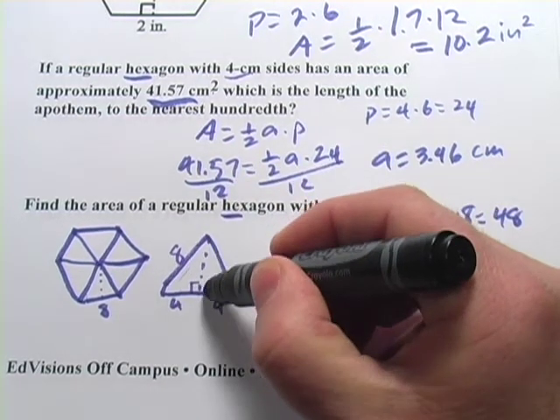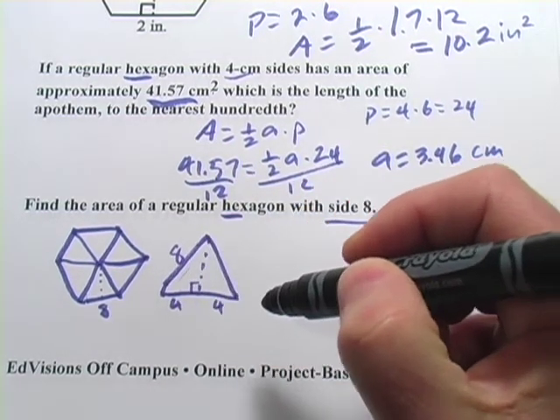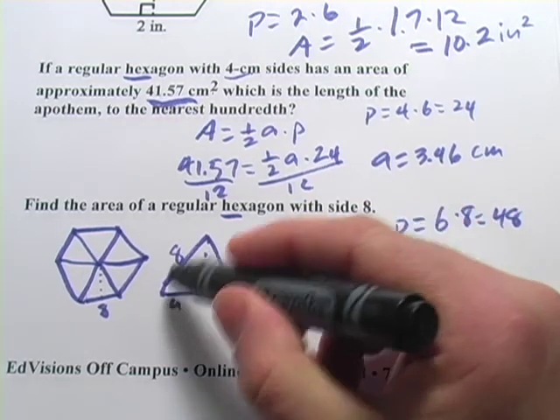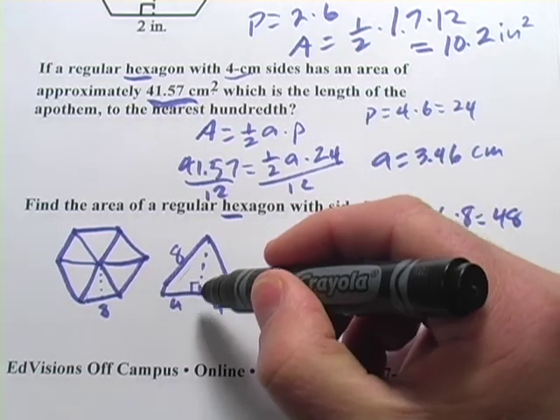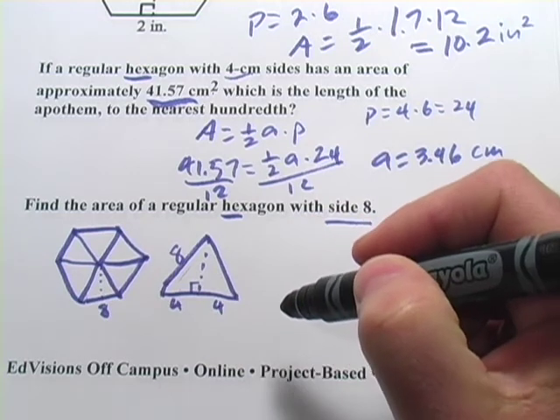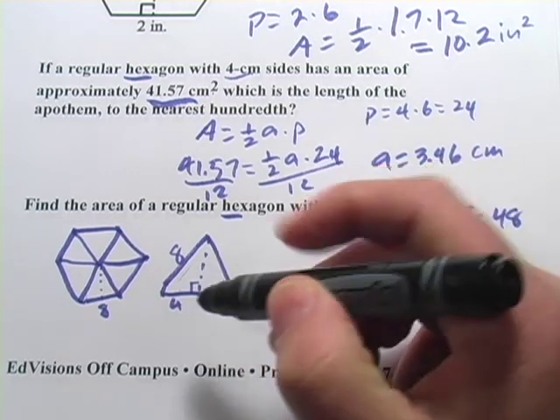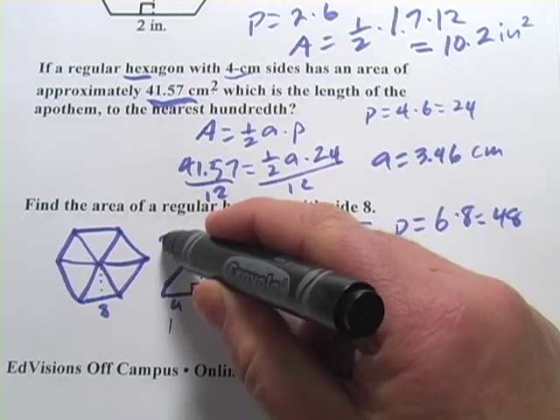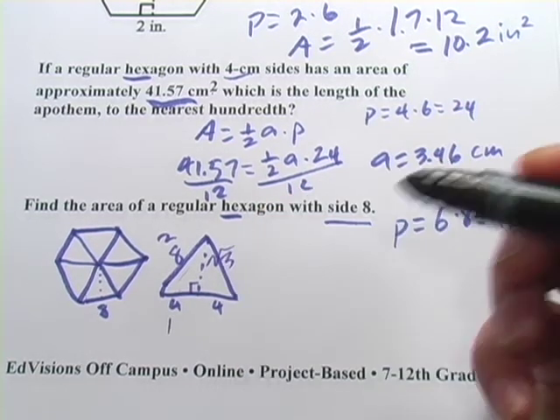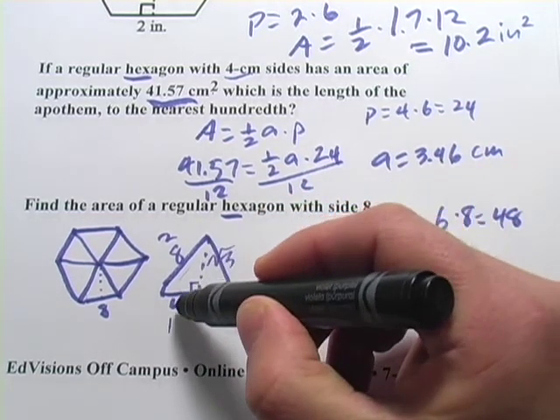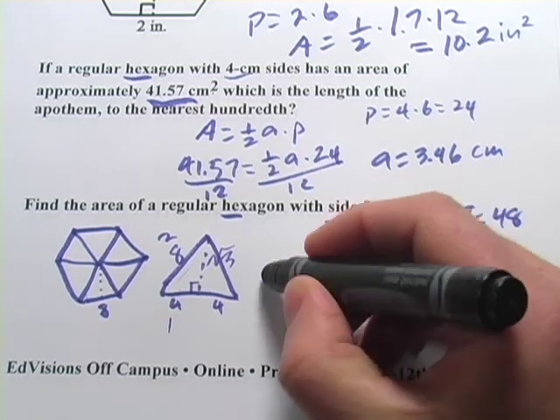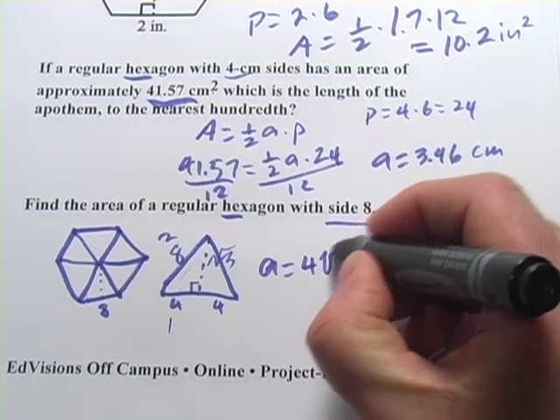So if you wanted to get this side here, you could use the Pythagorean theorem. The other thing you can realize is since this is an equilateral triangle, when you split it in two, you get two 30, 60, 90 triangles. And you might remember that the ratios of the sides are 1, 2, and square root of 3. So all I have to do to get this side is multiply 4 times the square root of 3. So our apothem equals 4 times the square root of 3.